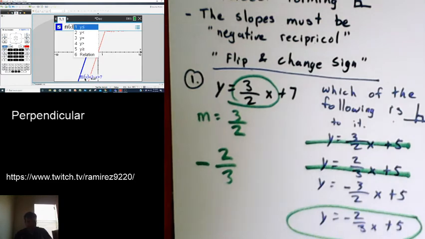So the original one was 3 over 2x plus 7. And we're saying that the new one, for it to be perpendicular, has to be negative 2 over 3x, and we're putting in that plus 5.